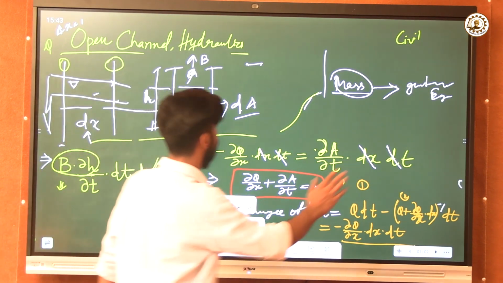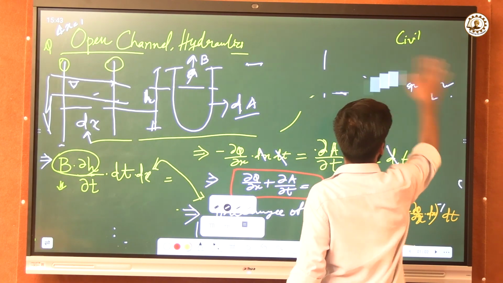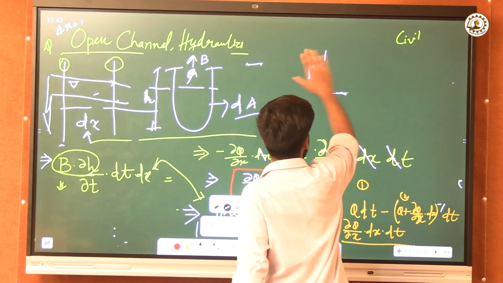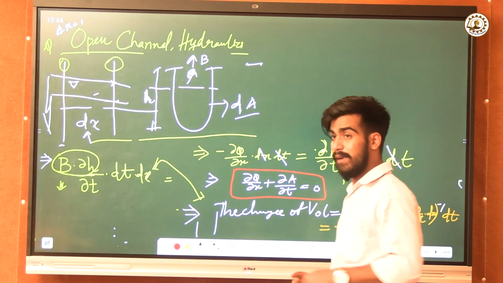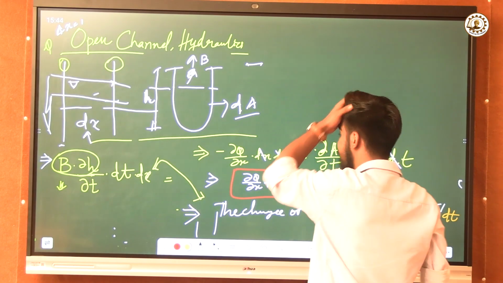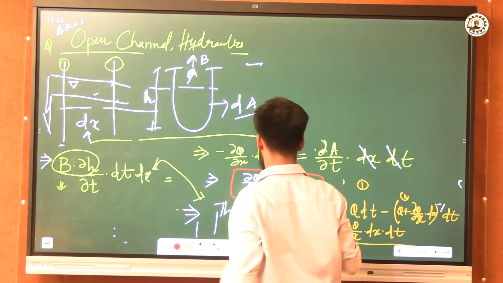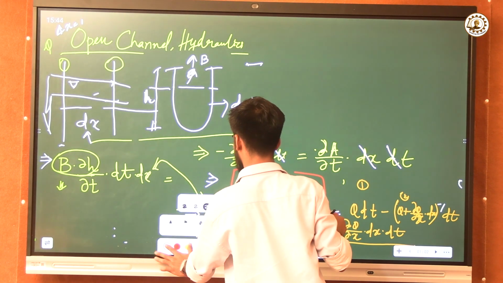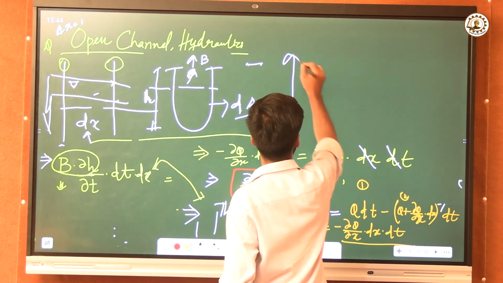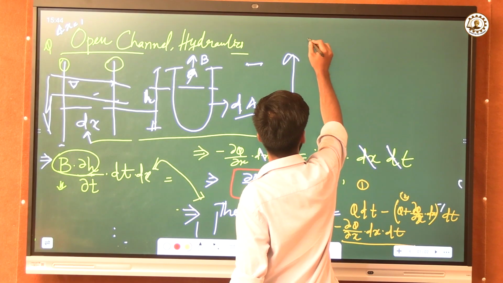Now if we introduce a velocity and several geometrical channels in that equation, what does it become?